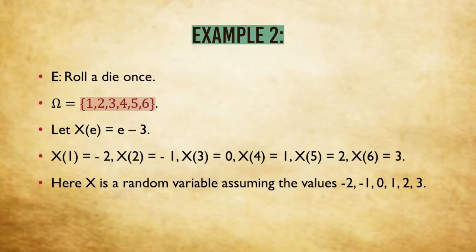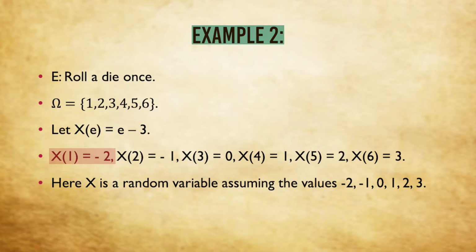Our next example is roll a die once. So we know the outcomes are 1, 2, 3, 4, 5, 6. Now if you can recall, we defined a random variable as a function. So I can write X(e) = e - 3, because any function, say f(x), we can write it as x - 3. So in particular here we are defining X(e) = e - 3, where e will be the outcomes in the sample space.